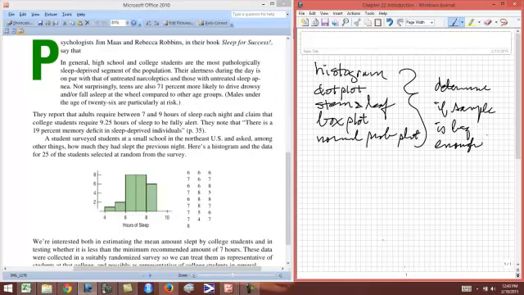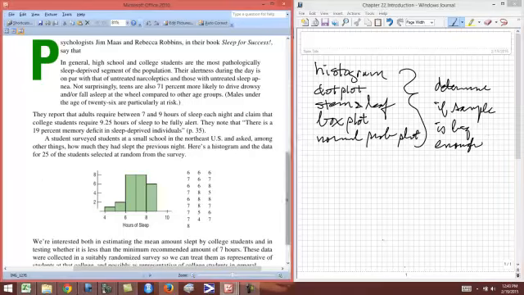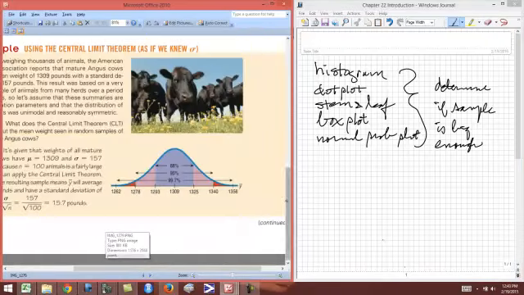There is no p, there is no q. We're not dealing with proportions anymore, we're dealing with means. So the shape of the quantitative data will be of critical importance in determining if the sample is big enough.